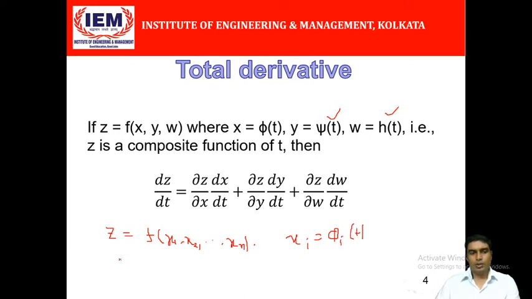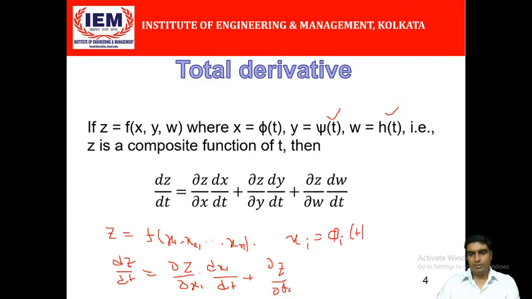Then you can find the total derivative of z with respect to t in this way: dz/dt, not del, it should be d. Then the partial derivative of z with respect to x1, the first component, then d of x1 with respect to t, plus del z/del x2, right?